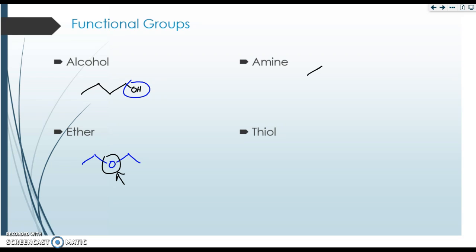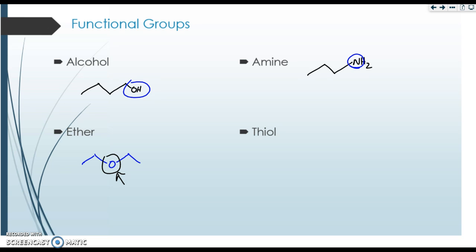An amine is an N, and it can be an N connected to other things. It can be an NH connected to other things, or it can be an NH2. But you'll notice that it's just the nitrogen connected to the carbon, not the double bonded O to the C.